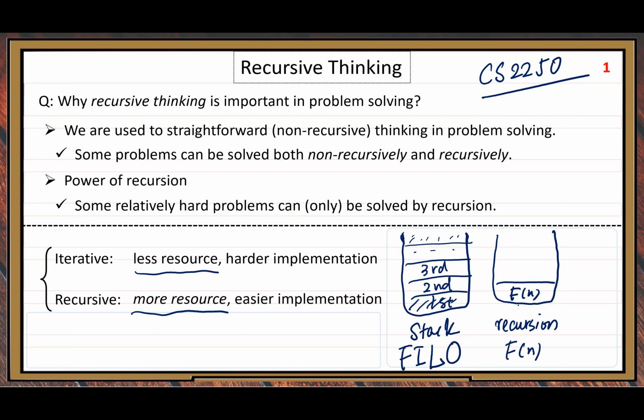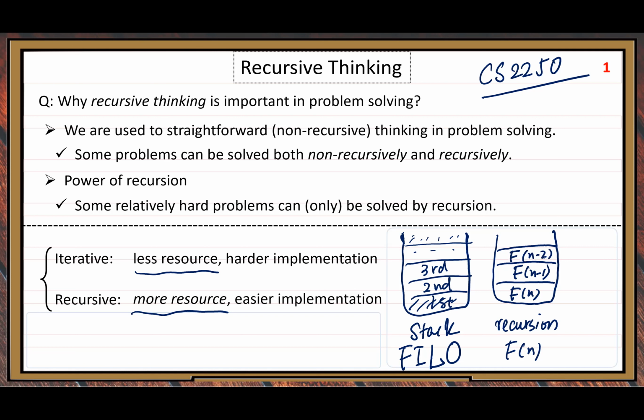Let's see if we have that previous value. If f of n minus 1 is still not available, then we push it into the stack too, another one into the stack. And it relies on f of n minus 2, and so on.